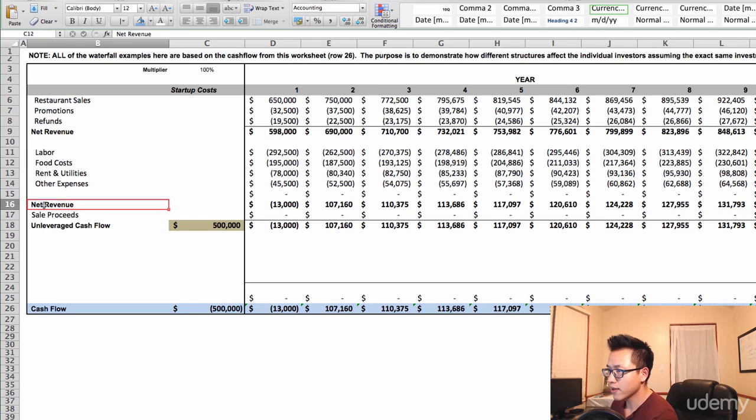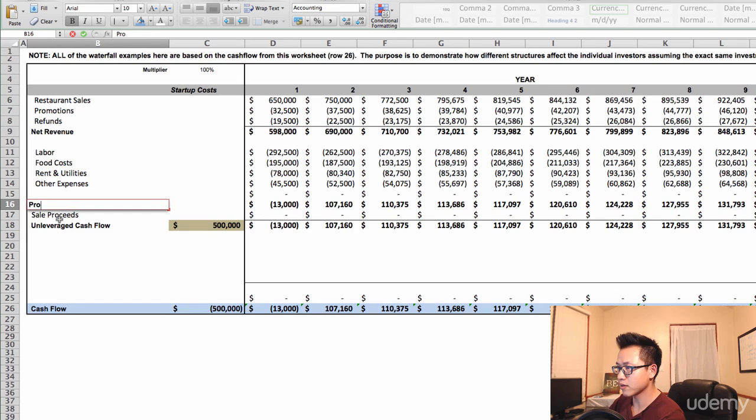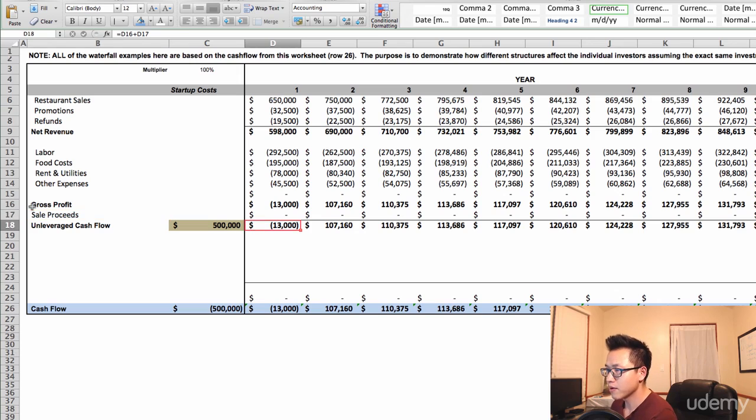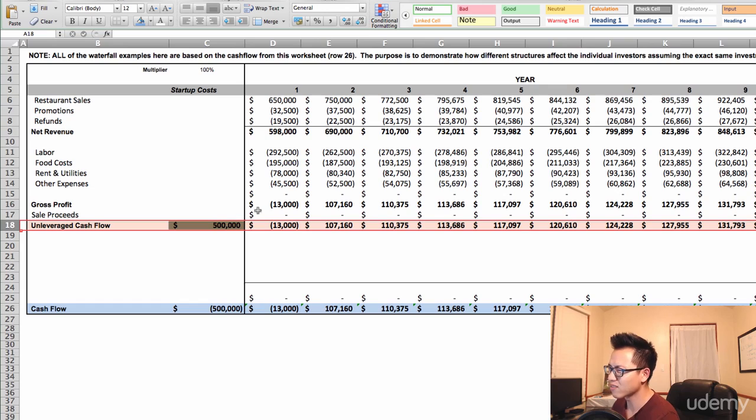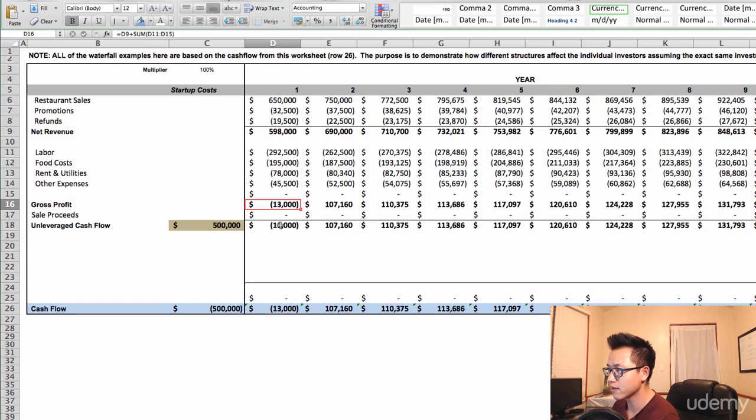Okay. All right, next what we have is, this is not net revenue anymore. Let's call it gross profit, okay? And then we have sales proceeds, and let's assume that they're not depreciating anything right now. So we're going to assume that what we have here is going to be the cash flow. Not the best assumption here.